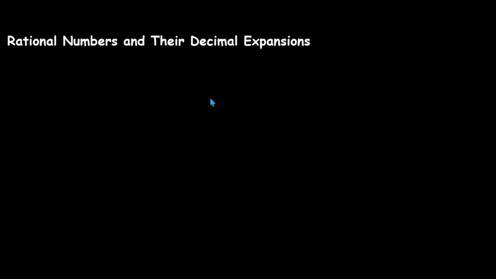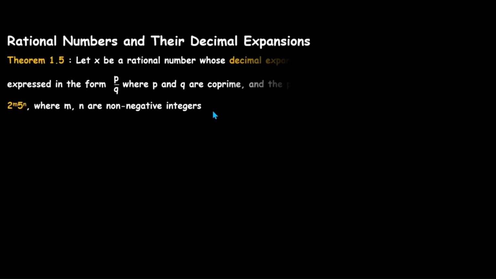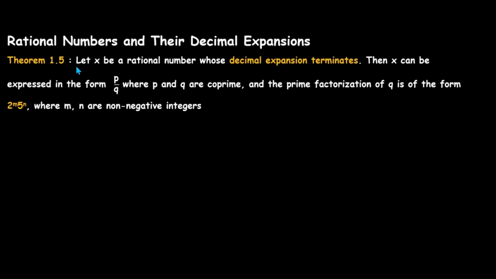So here are three theorems based on what we discussed about rational numbers and their decimal expansions. So first theorem, let x be a rational number whose decimal expansion is terminating. Then x can be expressed in the form of p by q. So because x is a rational number, it can be expressed in p by q form, where p and q are co-primes.